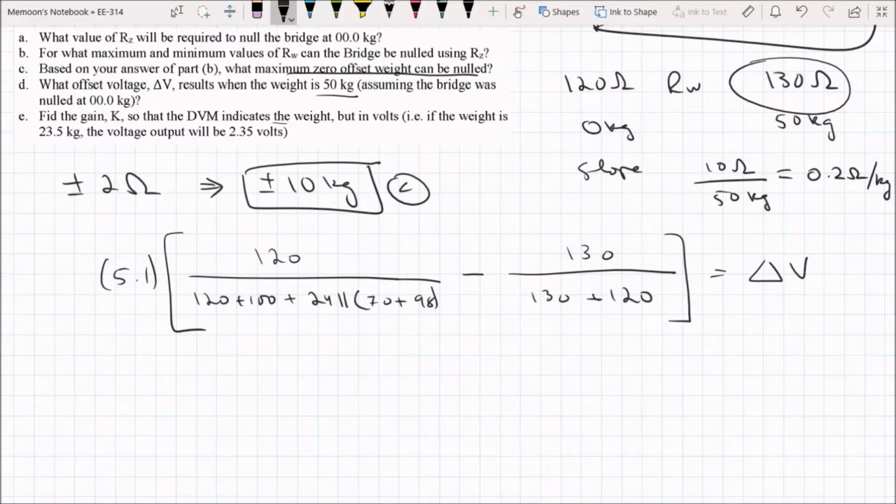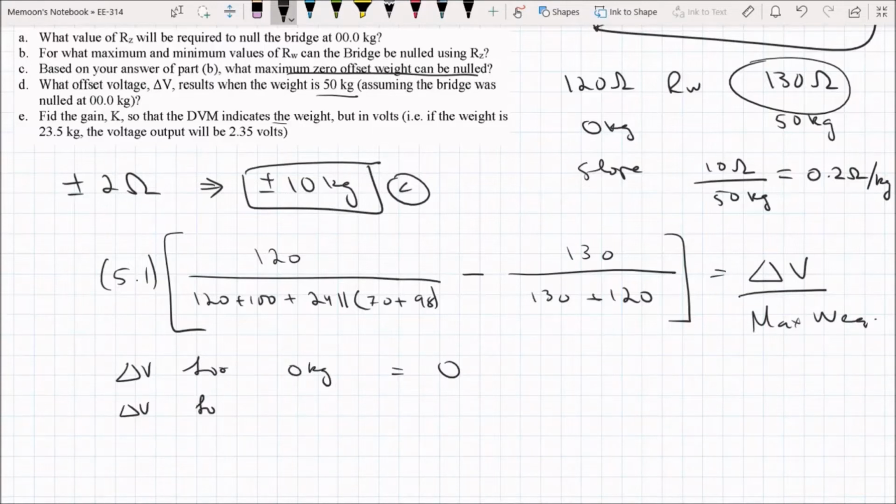So just calculate that. And then in the last part, you are asked to find the gain K so that the dBm indicates the weight but in volts, i.e. if the weight is 23.5 kgs, the output voltage should be 2.35 volts. Delta V for 0 kg weight is equal to 0.